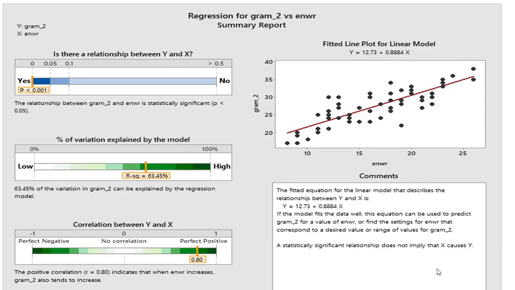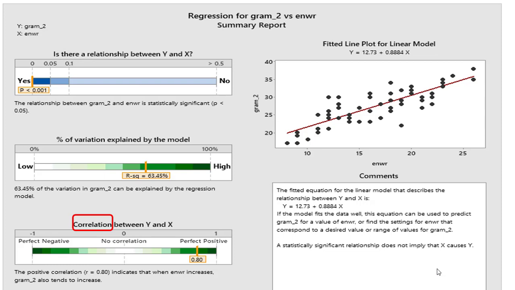If we run the assistant with our regression, notice that we're going to get this chart, and here on the right you have again our graph with the regression line. Together with that, we get a correlation value, and it says perfect positive, it's in the green area, and so we can explain about 80% of the correlation.